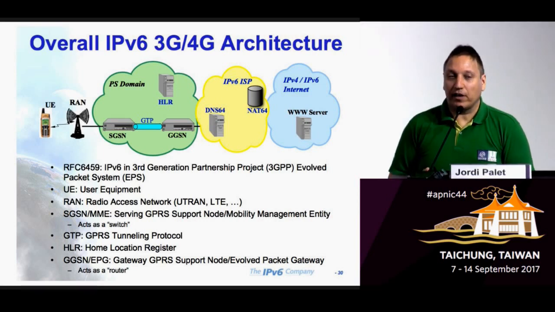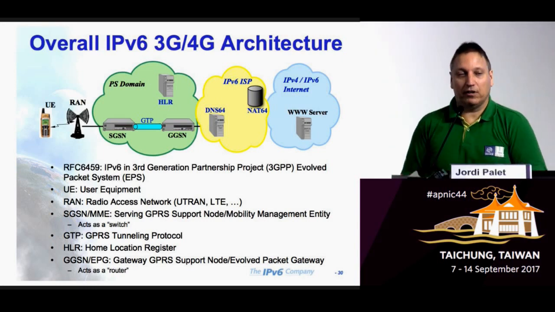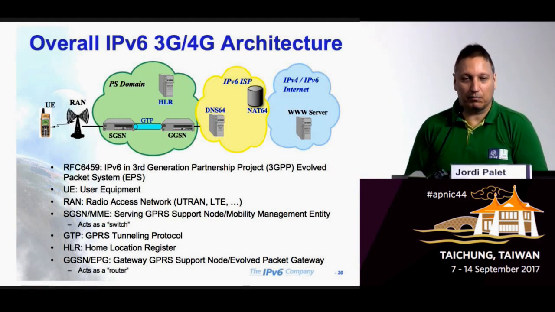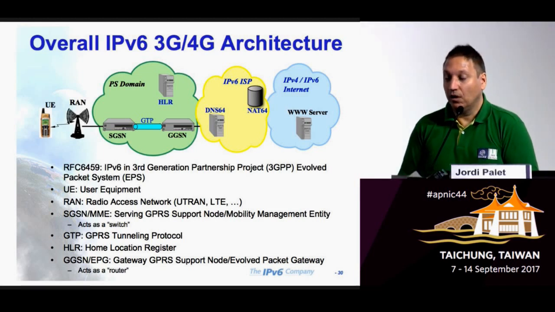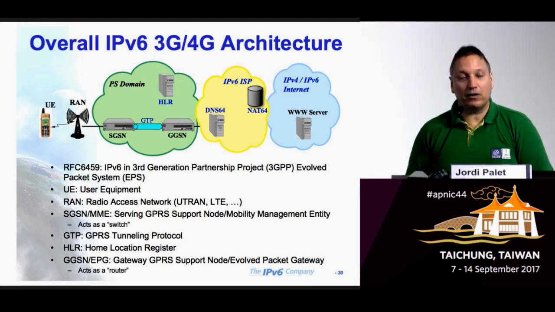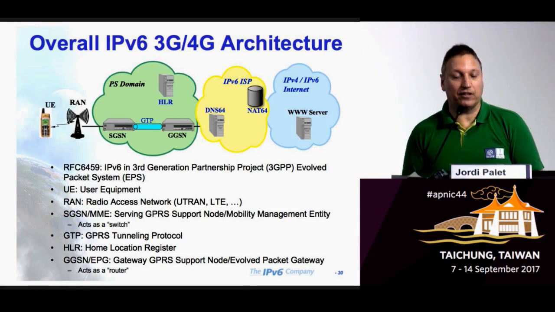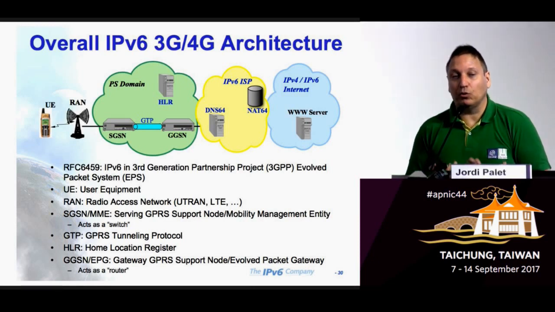So basically, in a cellular network, we have what we call the user equipment, which is the smartphone in our case, or it may also be a cellular router or a cellular modem or whatever you want to call it. You have the radio network, and then you have the domain where all the transactions to connect the user equipment take place, and of course, the ISP provider. In our case, we are targeting an IPv6-only provider, which of course needs to be connected today to both the IPv4 and IPv6 internet.